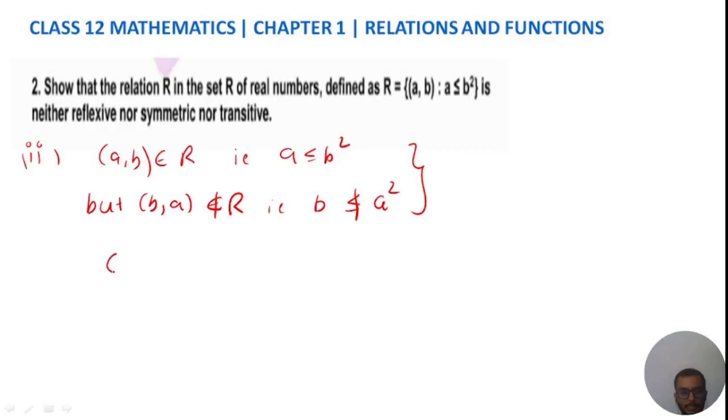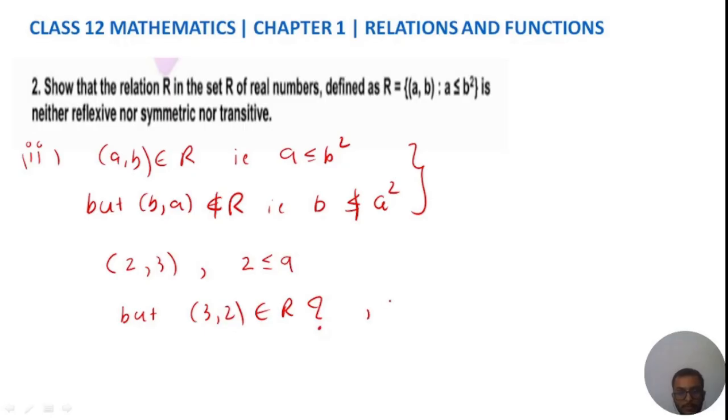So we need to find an element like this. Suppose I pick (2, 3). Let's see whether it works or not. I also don't know whether it will work. If we pick (2, 3), then of course 2 is less than or equal to 3 square, that is 9. But let's see whether (3, 2) belongs to R or not.